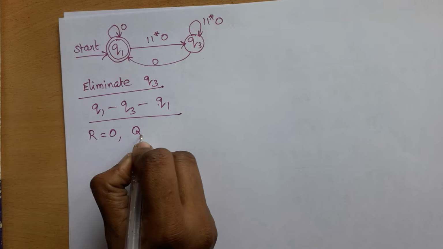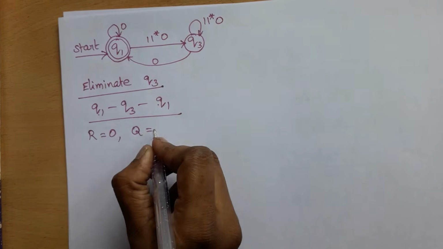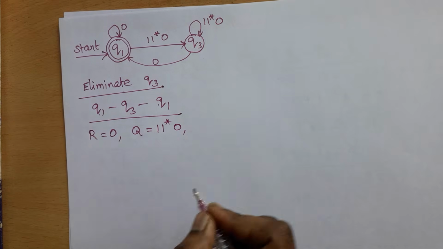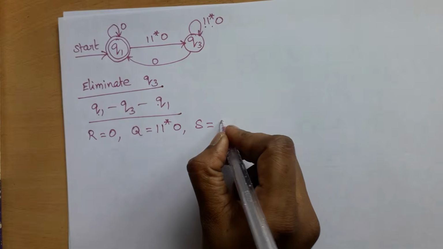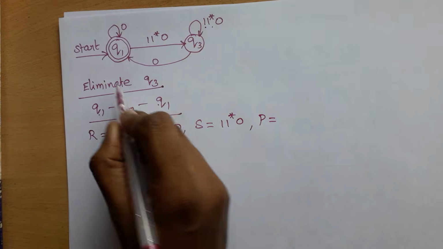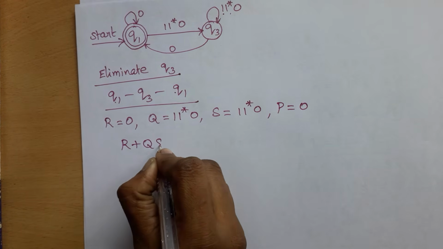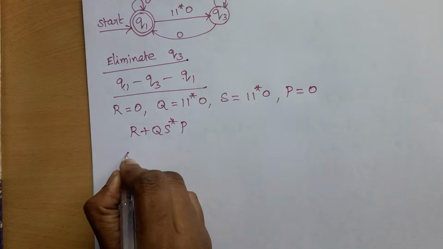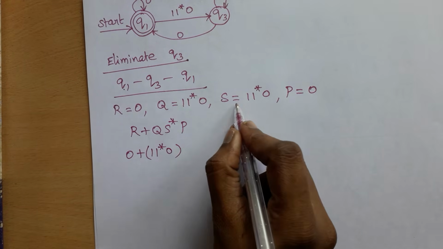Then Q means Q1 to Q3, so it is 1 1 star 0. Then S, Q3 to Q3, is 1 1 star 0. Then P, Q3 to Q1, is 0. So R plus Q S star P is 0 plus 1 1 star 0, S star.